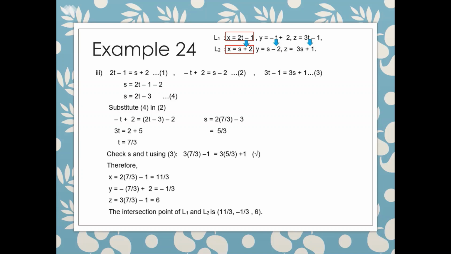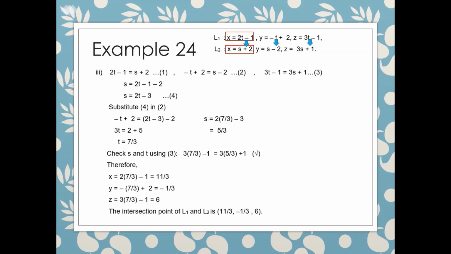You will get x equal to 11 over 3, y equal to negative 1 over 3, and z equal to 6. Combine the x, y, and z values together, you will obtain (11/3, -1/3, 6) as the intersection point between L1 and L2.